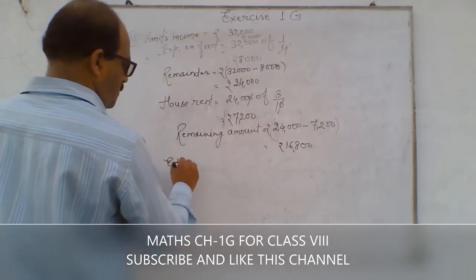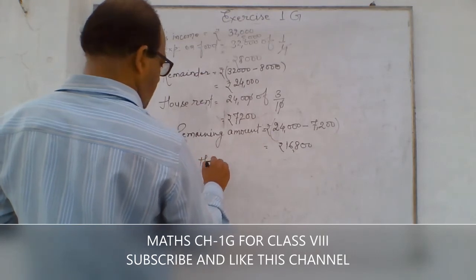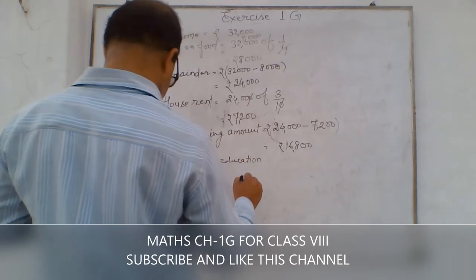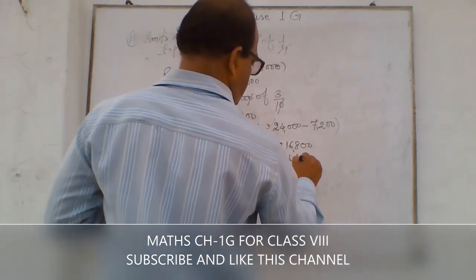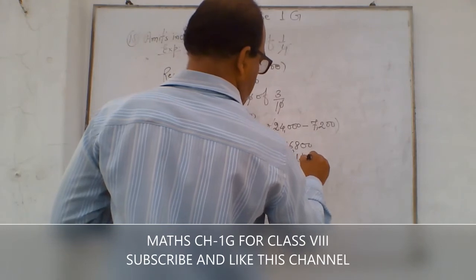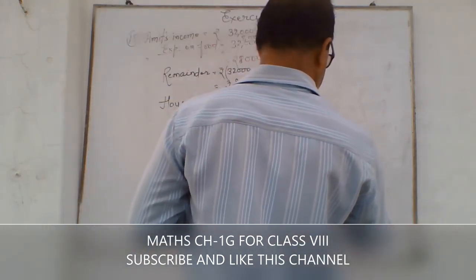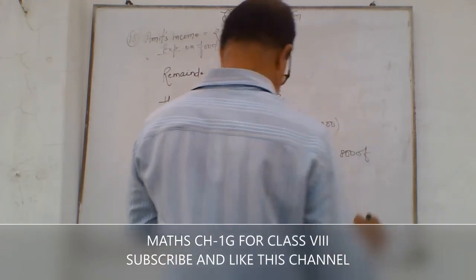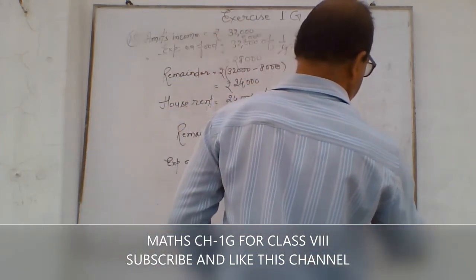Expense on the education of children is equal to 16,800 of 5 by 21.